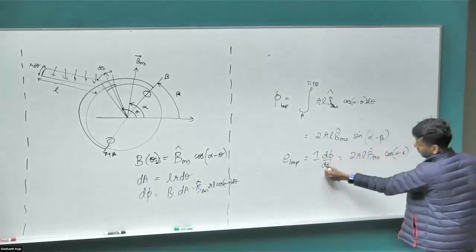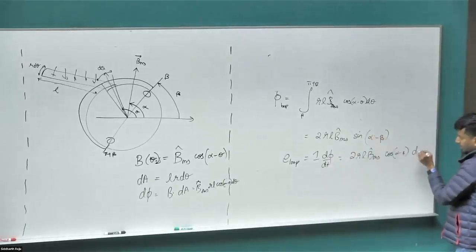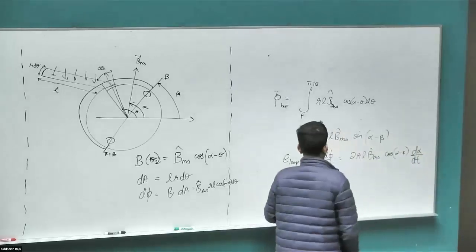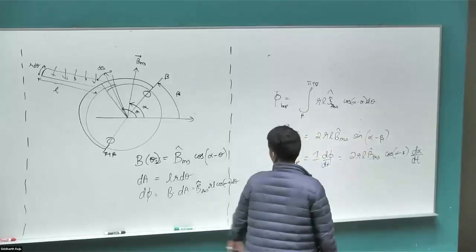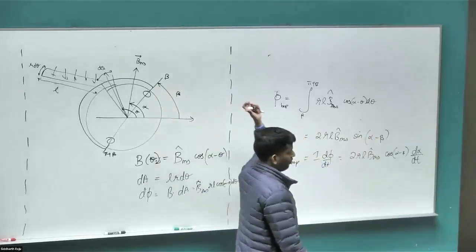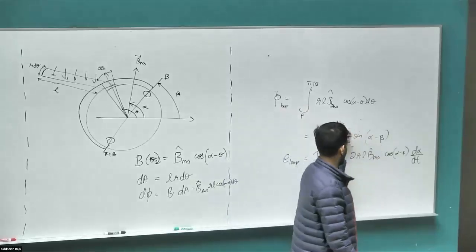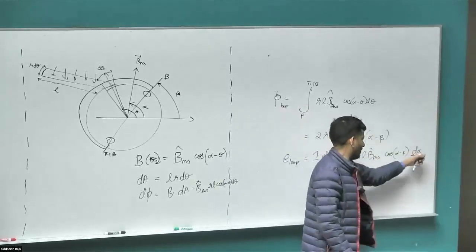The variable of differentiation was time, right? So that d alpha by dt, right? We don't do d beta by dt. Beta was just an arbitrary angle that I choose for a loop, right? That's a fixed entity. So the variable that's present there is alpha, but my variable of differentiation is t. So we have d alpha by dt.